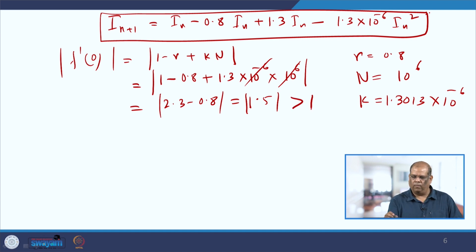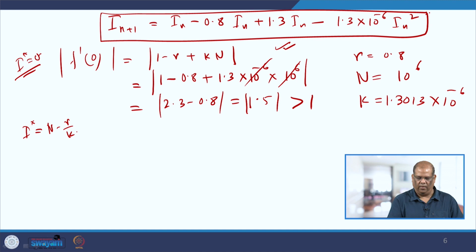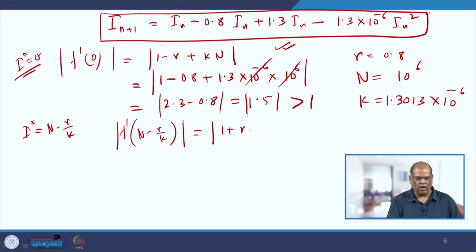So, for this model, it is not stable at the point I star equal to 0. For I star equal to n minus r by k, I have f dash n minus r by k, and that value we got to be mod of r plus 1 minus k n.